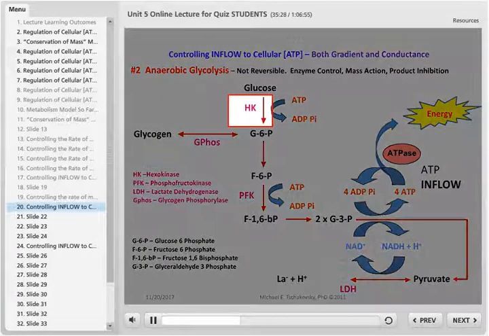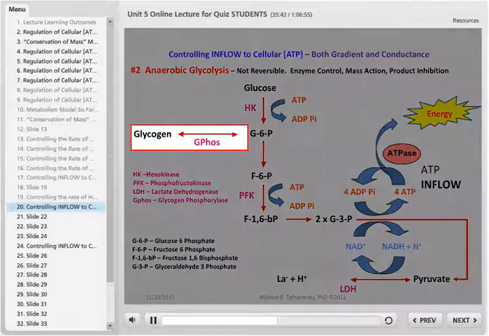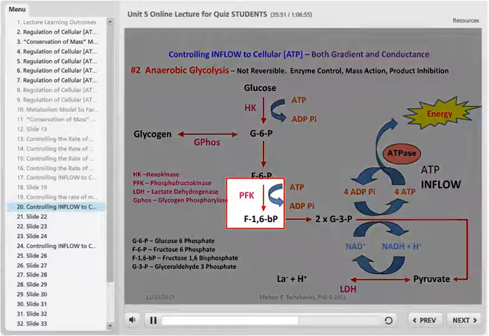One enzyme being hexokinase, which hydrolyzes ATP to phosphorylate glucose and create glucose 6-phosphate. And here you have glycogen phosphorylase, same idea. And finally we have phosphofructokinase.